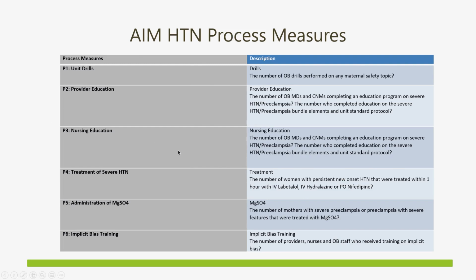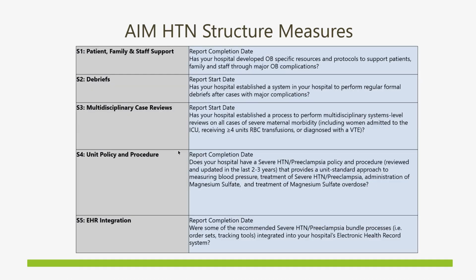I apologize, everybody. We're doing hemorrhage and hypertension today, and I'm thinking that you've already seen this, but this is still pretty new: the report and the reporting process and the measures that we're going to be using. So I will go through that in a little bit more detail.